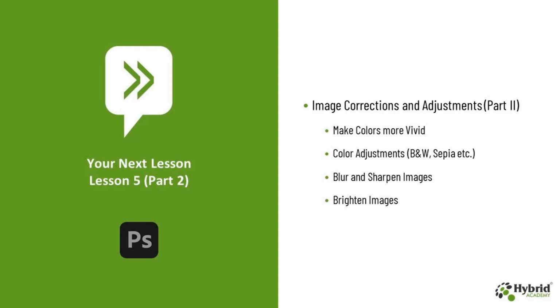Going further, in the next session, that is part 2 of lesson 5, image corrections and adjustments, we will learn how to make colors more vivid. We will also learn to adjust the colors like black and white and sepia, etc. And we will learn to blur and sharpen images, and finally how to brighten images.